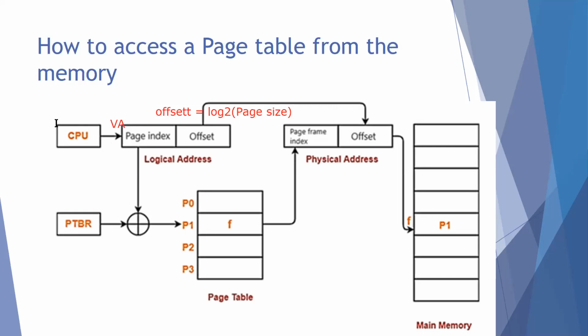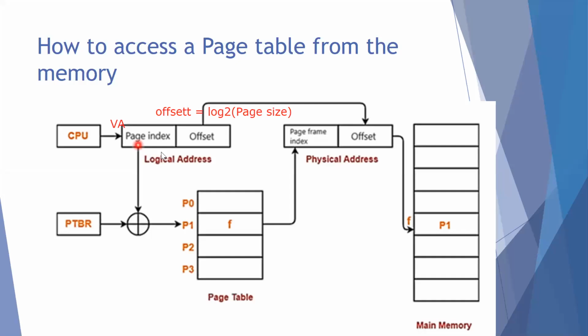So whatever address has come from the processor gets broken into two parts: the page index or virtual page number, and the virtual page offset. And offset is given as log base 2 of the page size. I'm telling you how the operation takes place right now.